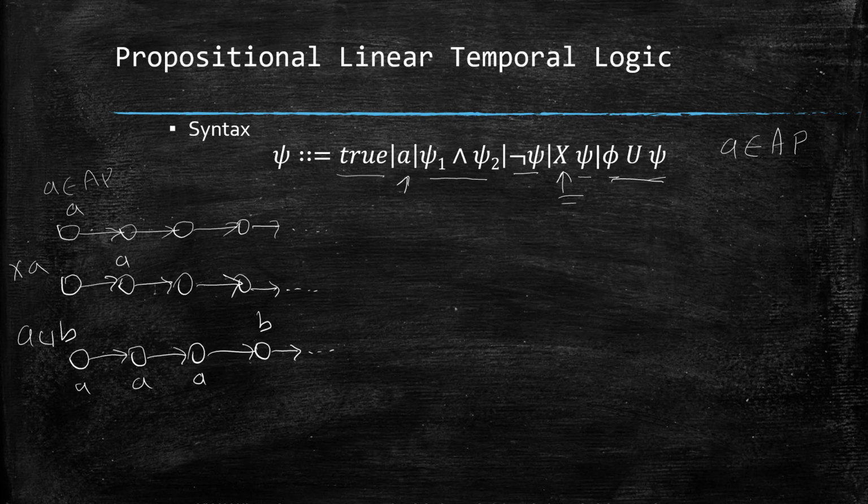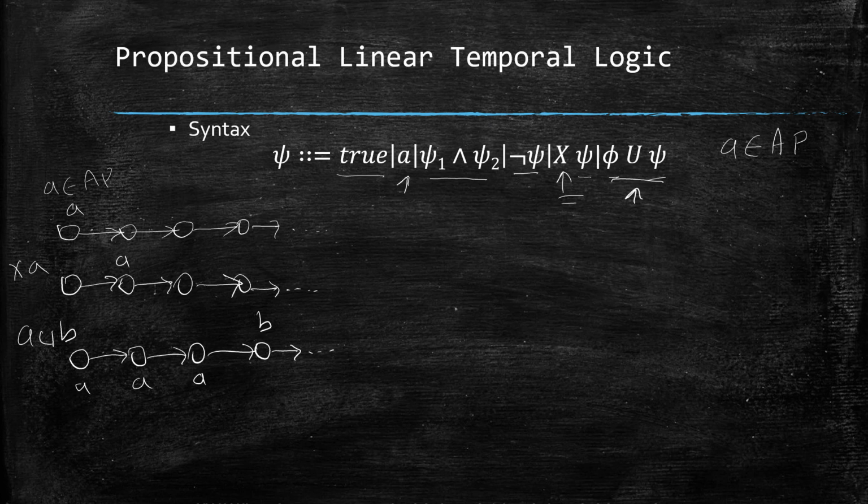So A is true until B is true. When B becomes true, A is not going to be true, and this is the interpretation of A until B, or this until formula which we mentioned at the end of this recursive definition of linear temporal logic.